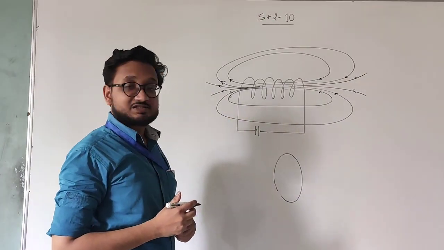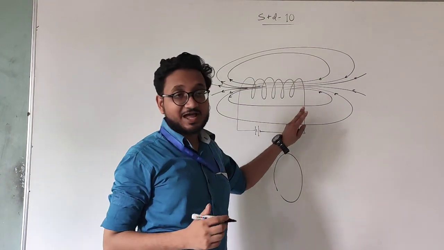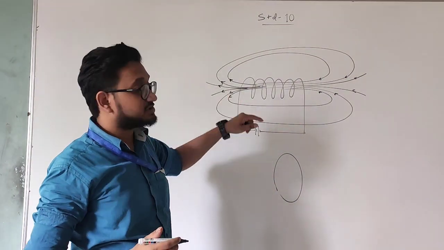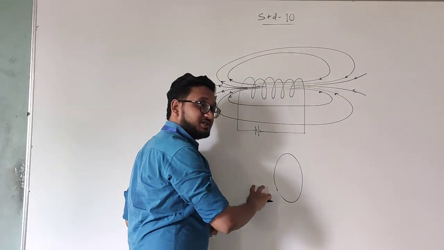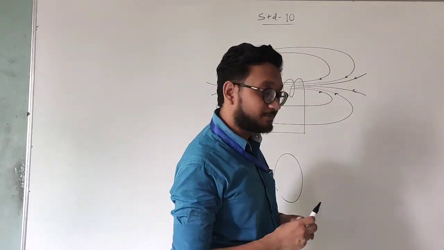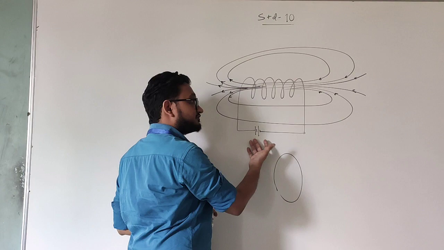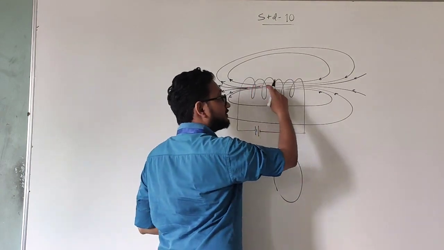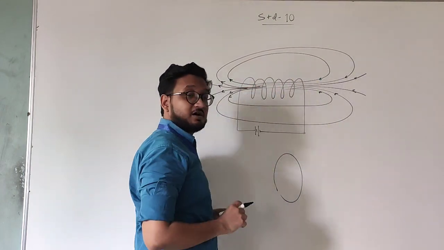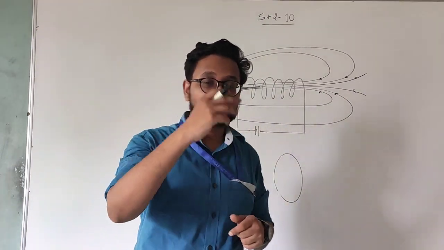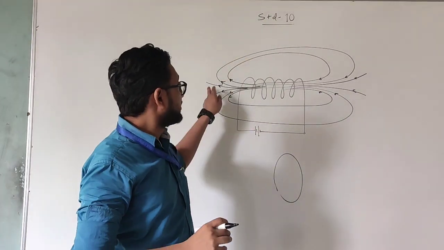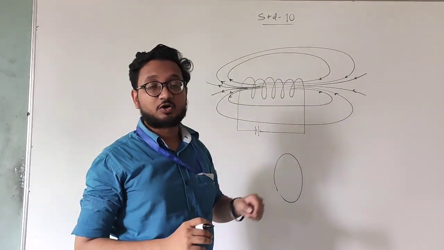The only difference is that you can change the direction of the current, and the direction of the magnetic field will also change, like we have seen in a circular loop and a straight conductor. So if I reverse the direction of the batteries, then the current flowing in the coil will also change, and therefore the direction of the magnetic field will also change.